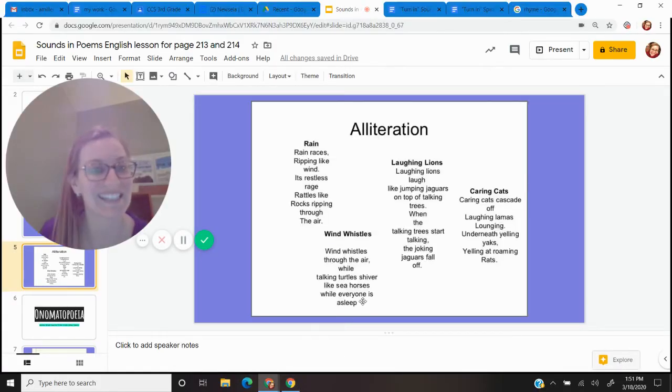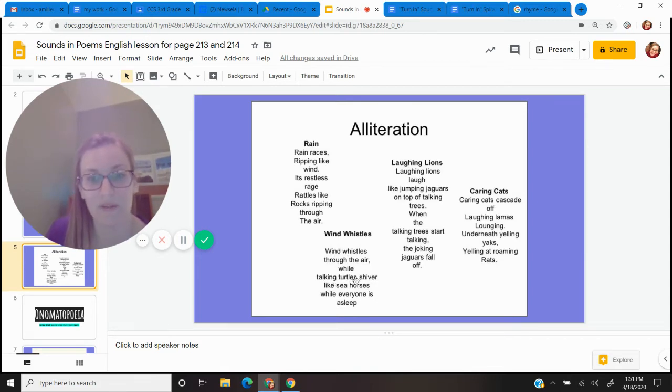While everyone is asleep. Okay, so wind whistles. We have two in a pattern. Alliteration definitely has to have two, preferably three or more, that come in the area of the same poem or the same sentence. Wind whistles through the rain. Talking turtles shiver like seahorses. So we have talking turtles.